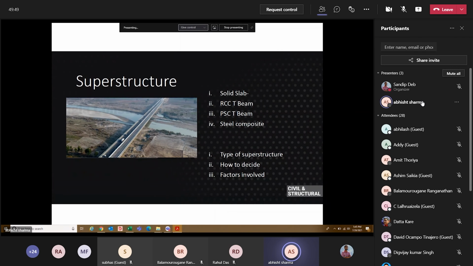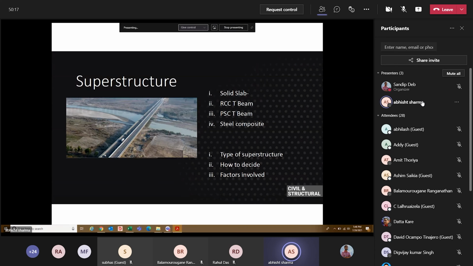If you happen to see railway bridges in your vicinity or anywhere you have traveled, you can see those big girders of steel. They are mostly painted with gray colors. So you can see those steel composite girders, systems that we generally use in railway bridges. Then there are various factors through which we decide how we will go with any of these four options.